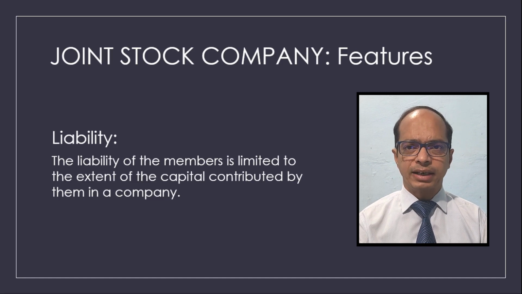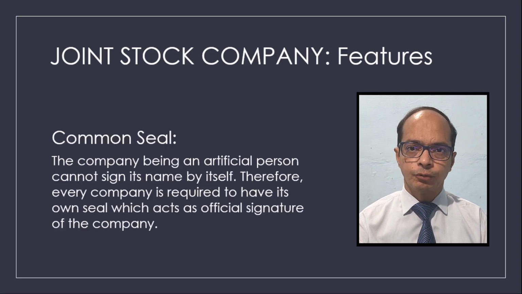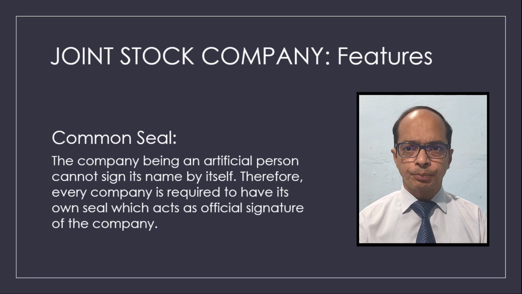One more interesting fact here is signature. Signature of joint stock company. For making any contract, you need to sign the document, and I told you already that joint stock company is an artificial person created by law. It is not a human being. But joint stock company also can make contracts with the outside parties. Then where is the sign of the artificial person?